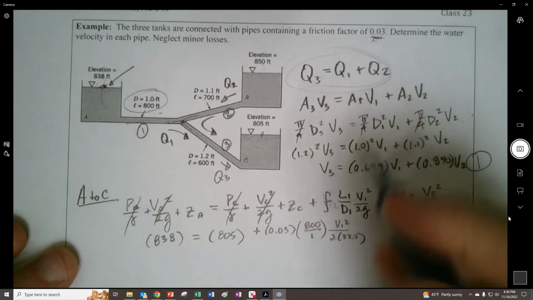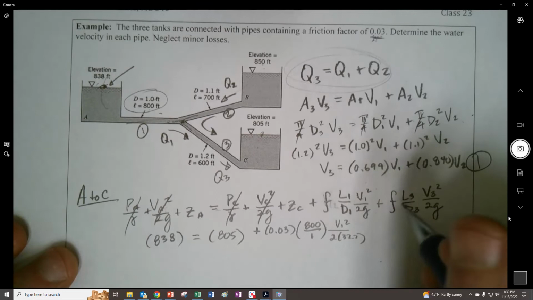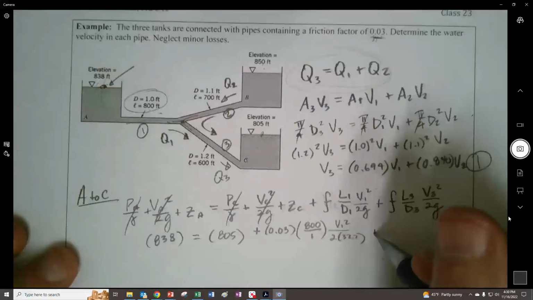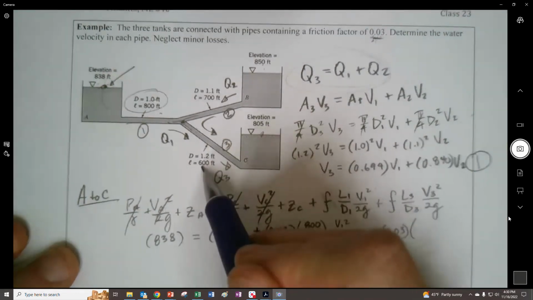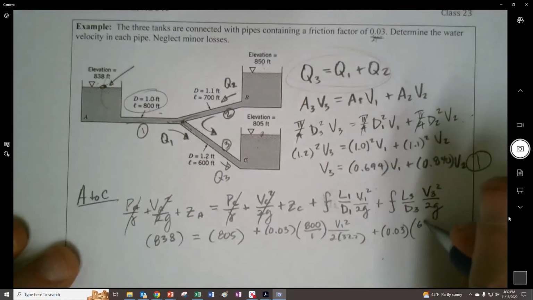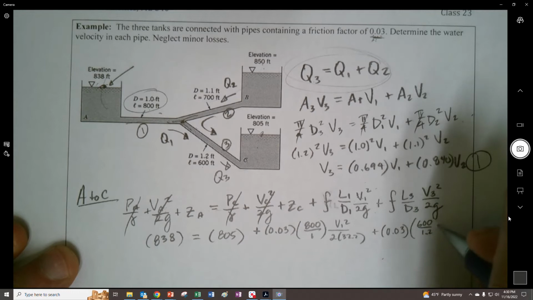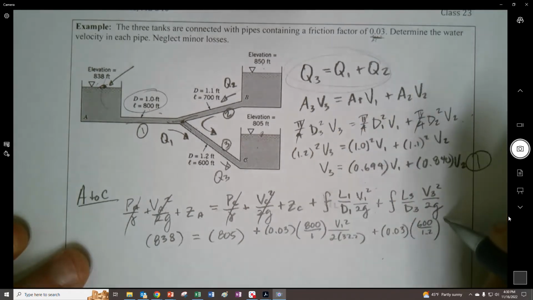All right, and now we're going to do the other leg right here, plus 0.03, and now the 600 divided by 1.2, and now the V3 squared over 2 times 32.2.